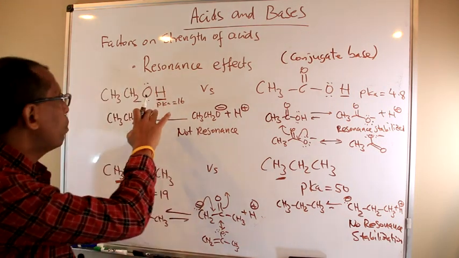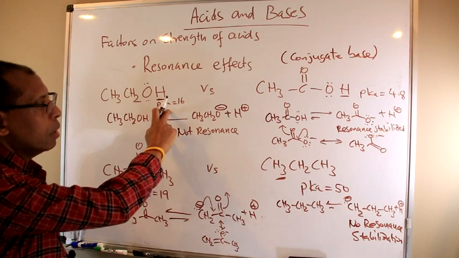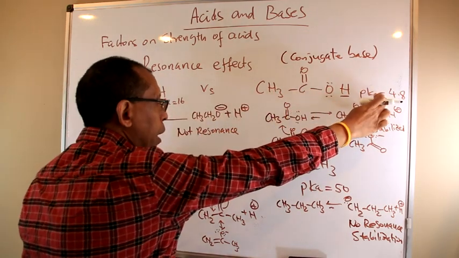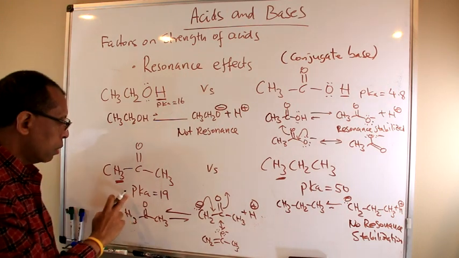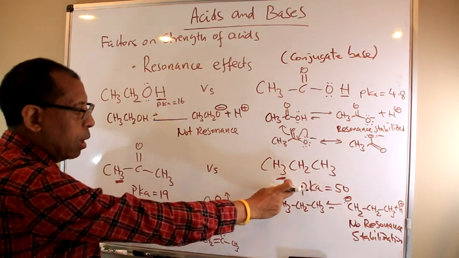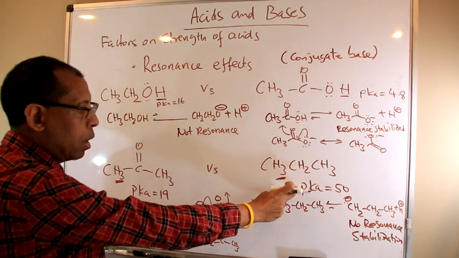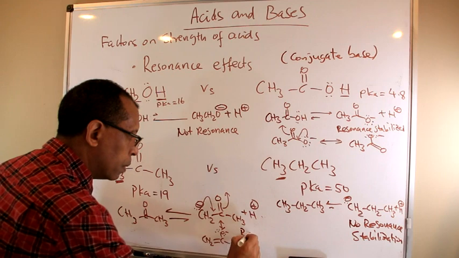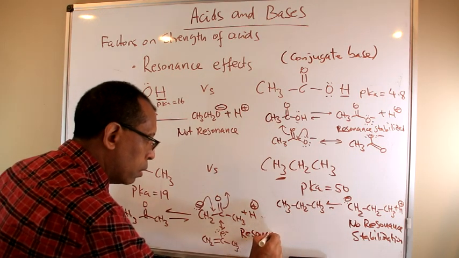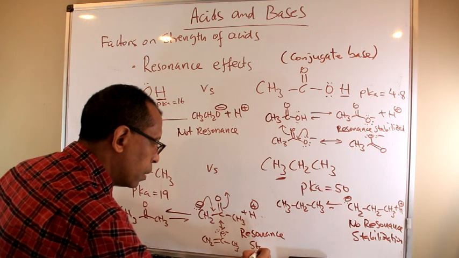As you see here, pKa for the alcohol is 16, pKa for the acetic acid is 4.8. Here for acetone, the pKa value is just 19, but this one has pKa 15 because this is resonance stabilized. That is not resonance stabilized, relatively.